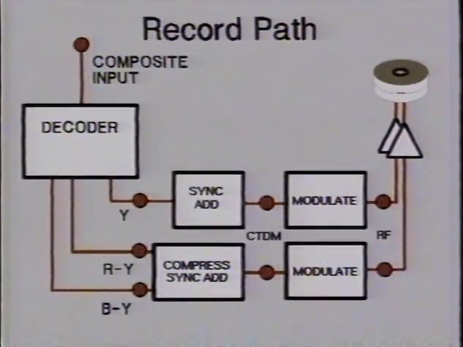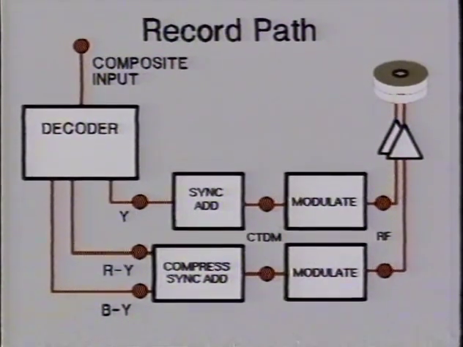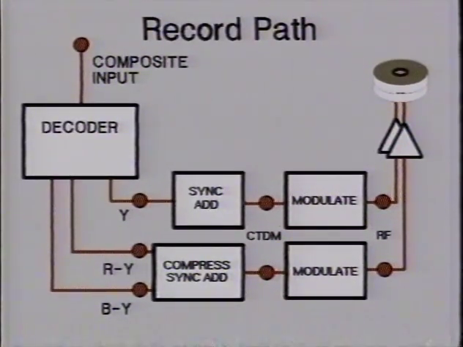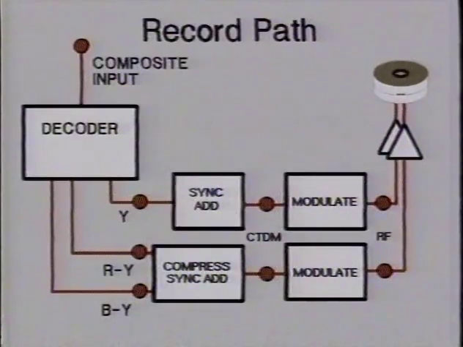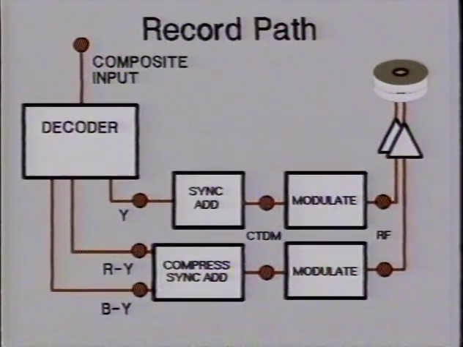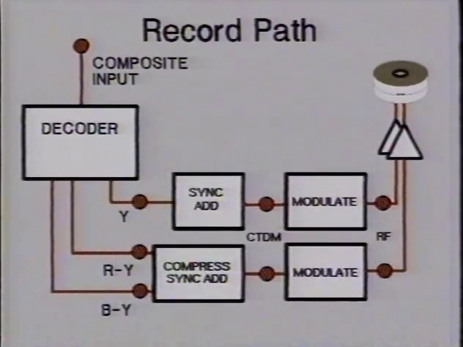Here is a block diagram showing the record path. And although Betacam is a component system, machines do include composite decoders and encoders. Therefore we will start from a composite input and go through to a composite output, explaining all the other interface possibilities along the way.